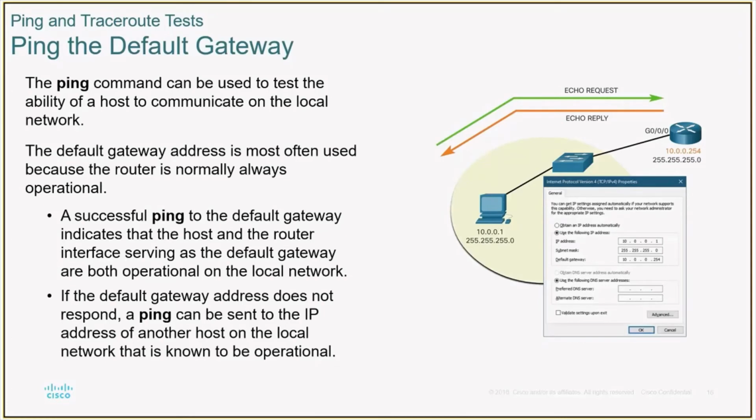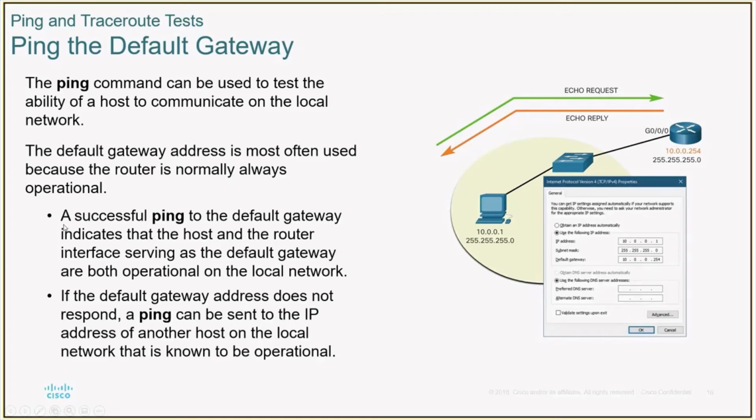But pinging the default gateway, that's probably my first check I do when I've got some kind of connectivity problem. Can I talk to my router? Isn't it a valid question that you would want to answer if you've got problems? And so the ping command can be used to test the ability of a host to communicate on the local network. The default gateway address is most often used because the router is normally always operational.